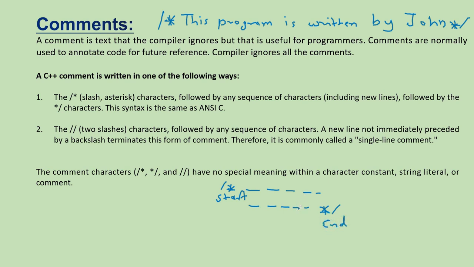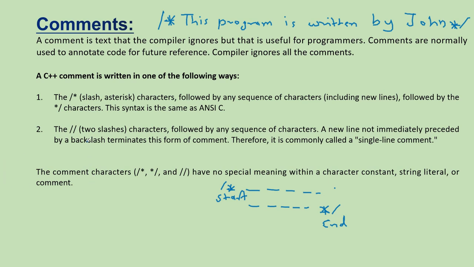Therefore whatever is written inside slash star and star slash, whether 2, 3 or 5 lines, will be treated as comments and ignored by the compiler. You can write a description of the code, the author's description, or the future scope of the program. Anything you write can be treated as a comment.